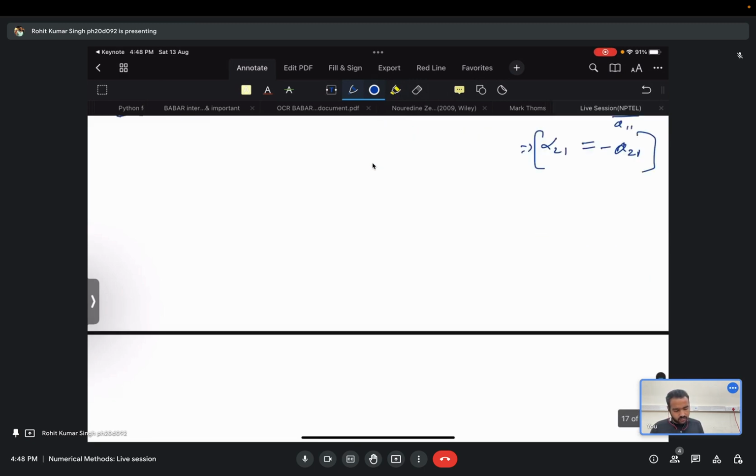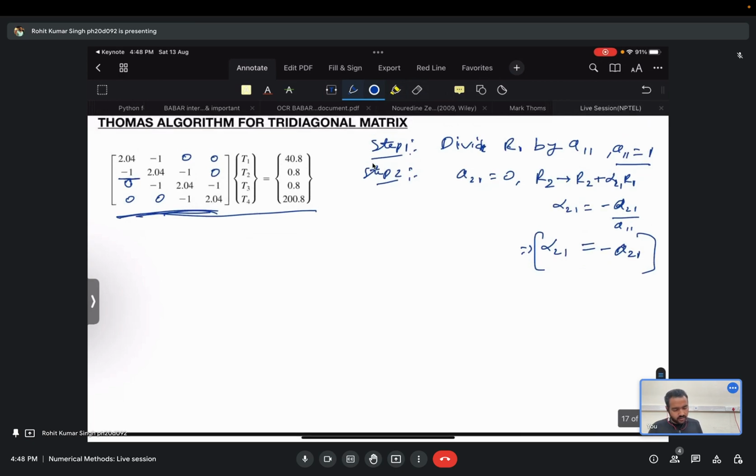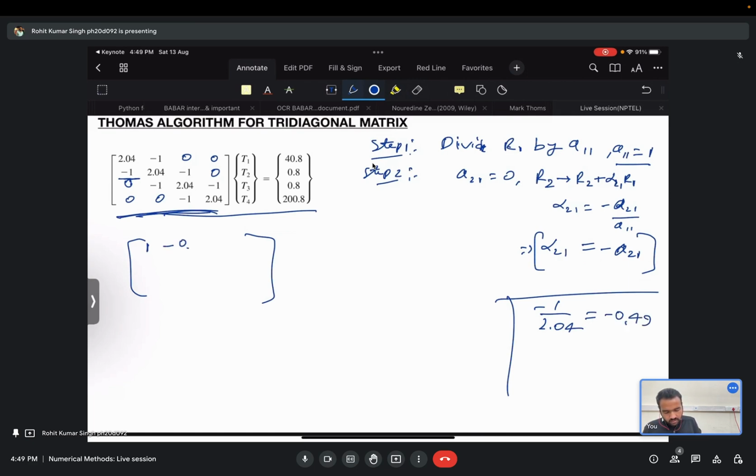When you divide R1 by a11, what will you get in the new matrix? 2.04 divided by 2.04 will be just 1, and minus 1 divided by 2.04 will be minus 0.49. I already did some calculations so that we can save time. The rest of the elements will be the same.